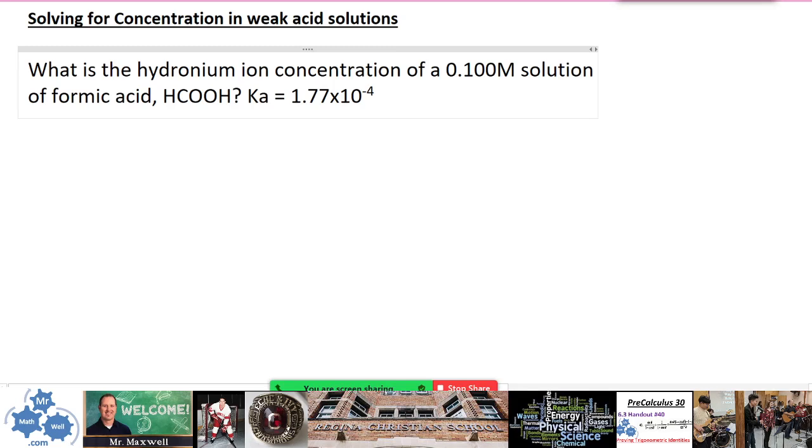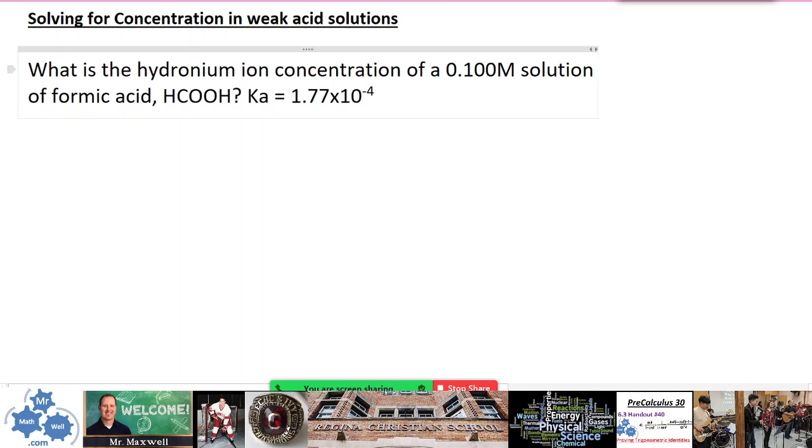So anything 10 to the negative 4 or less would be considered very, very small compared to a concentration like this. So what I'm saying is that if the Ka is 4 or 5 magnitudes of 10 smaller than the given concentration, we're going to be able to omit the small amounts of ions that are going to be produced compared to this original concentration.